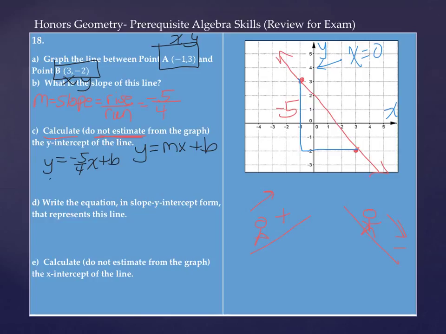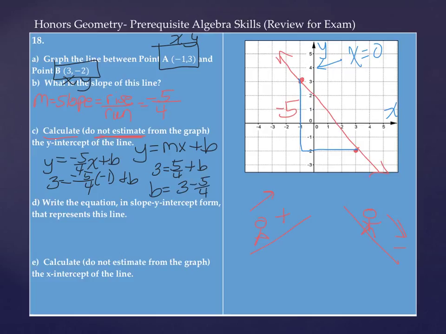I'm just going to substitute in a value for y and a value for x. So I've got a -1. By the way, this is negative, it just looks a little funny. So I've got 3 equals, a negative times a negative is a positive, plus b. So b is going to equal 3 minus 5/4.